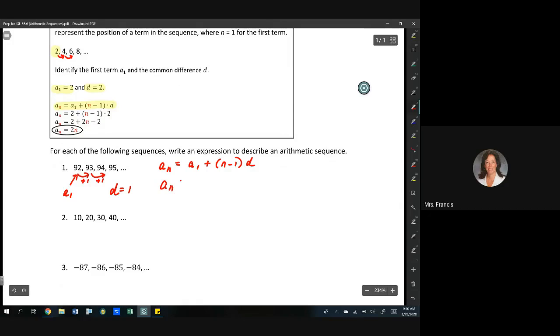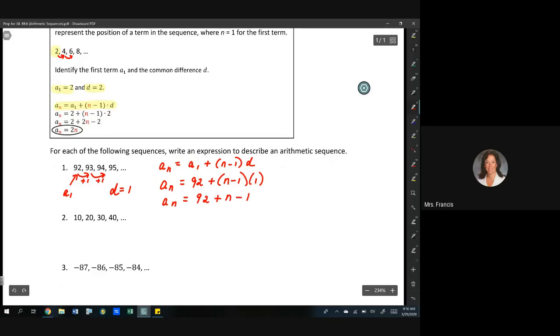A sub n equals 92. Remember, we're not replacing n. That's going to stay in the formula as we simplify. When we simplify this, we get 92 plus n minus 1.